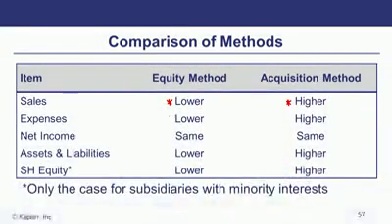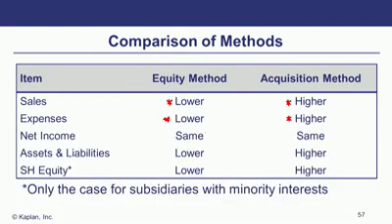Of course, when we look at acquisition accounting, we're seeing 100% of the parent company's sales plus 100% of the subsidiary sales, even if we don't own 100% of the subsidiary's equity. Exactly the same for expenses. Under the equity method, we're only seeing the parent. Under the acquisition method, we're seeing 100% of parent and subsidiary combined.